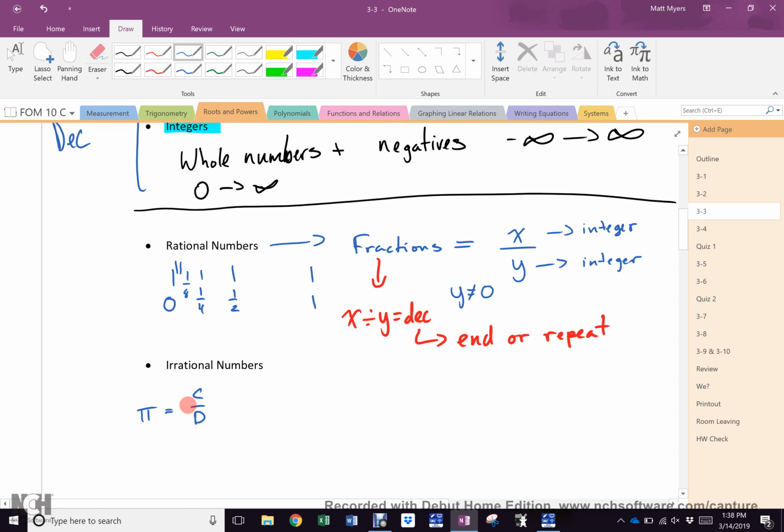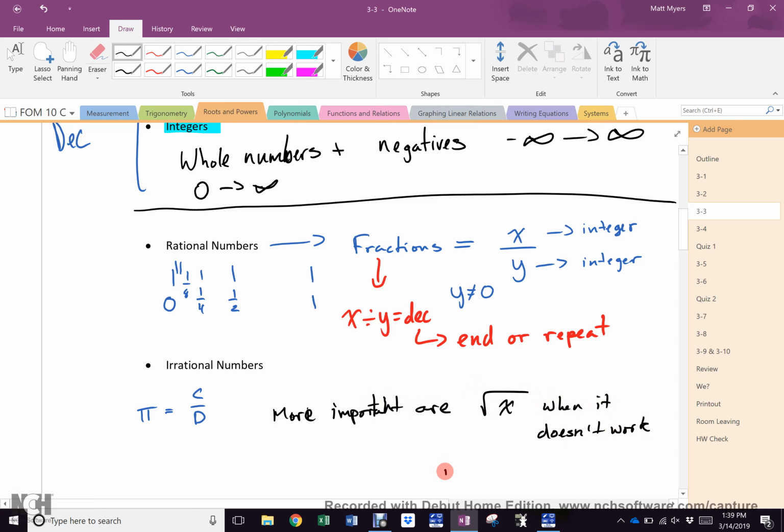Right? One of them would have a decimal in it. That's why pi is like that. That's fine. The more important irrational numbers that we use are these. The square root of x when it doesn't work.